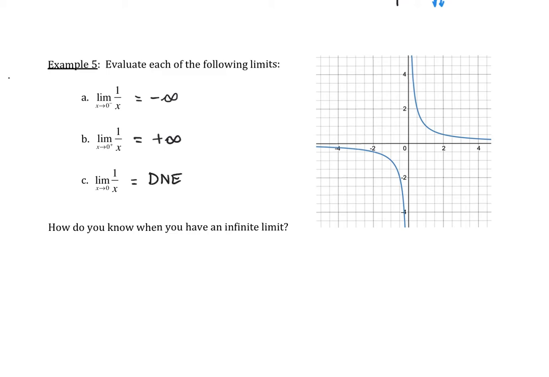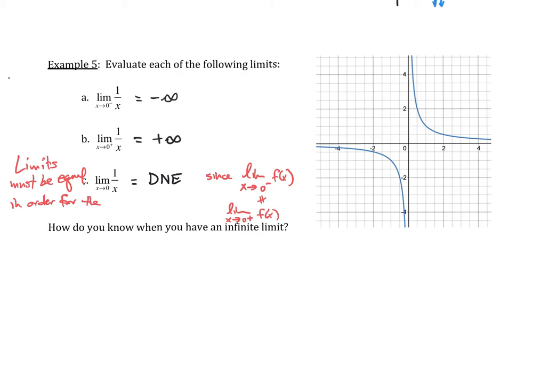And I'll put a comment here. This is since the limit as x approaches 0 from the left is not equal to the limit as x approaches 0 from the right. Okay? So the limits must be equal in order for the limit to exist.